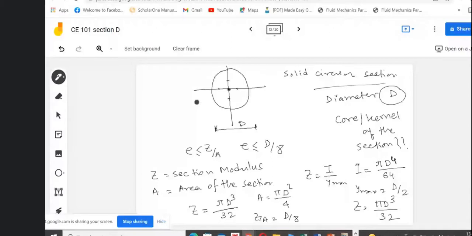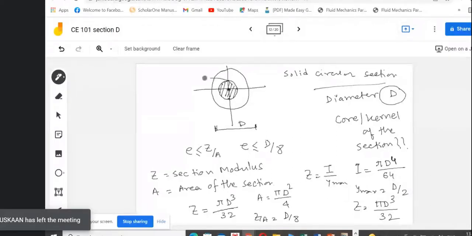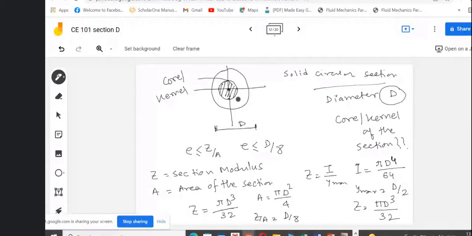So if we connect this portion this way, this is our core or kernel for this solid circular section, where here to here is D by 8, and here to here is again D by 8.